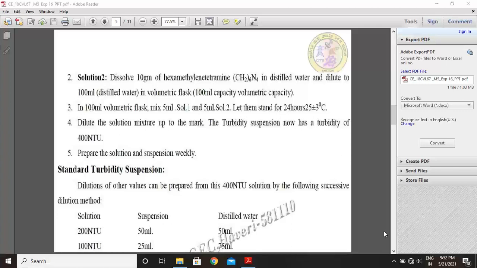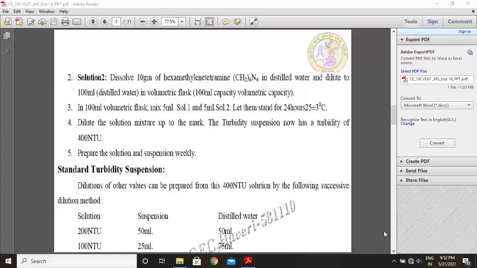How to get 400 NTU? After 1 day, dilute this solution mixture up to the mark. Means in the volumetric flask of 100 ml capacity we have solution 1 and solution 2, that is 5 ml and 5 ml, meaning 10 ml, with the remaining 90 ml.